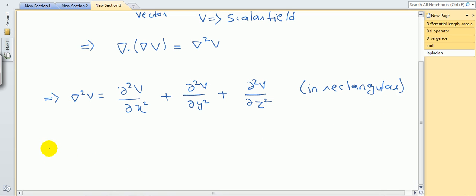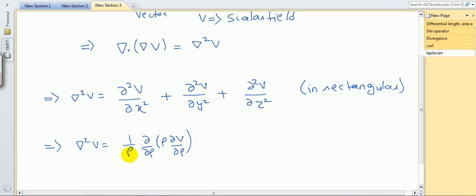Now if I write the formula for the cylindrical one, for the cylindrical it will be 1 by rho del by del rho, and here it will be rho del V by del rho.